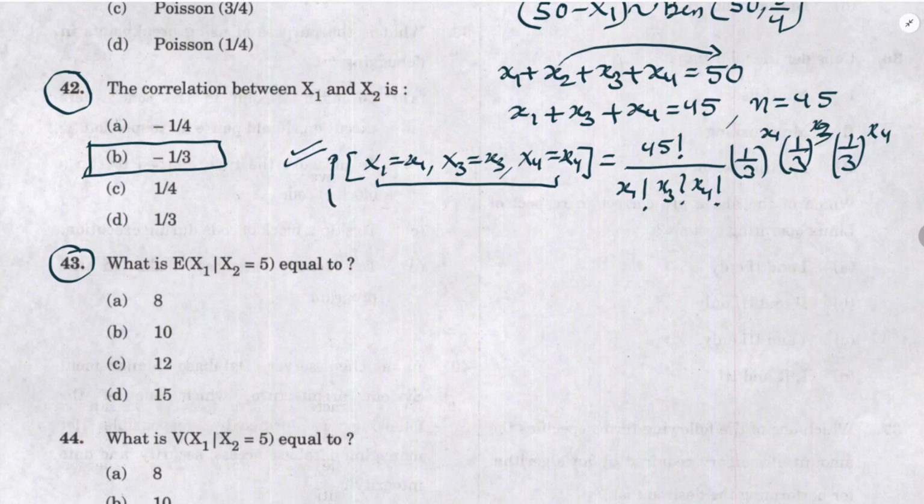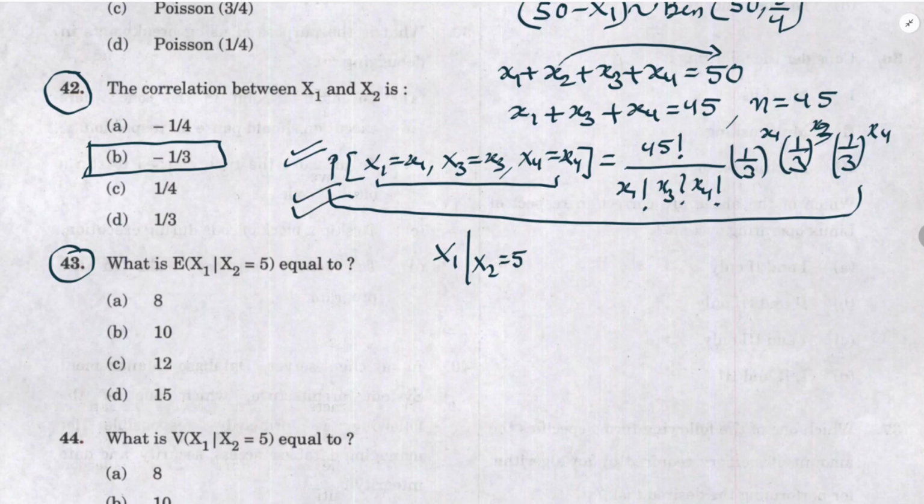Now if this is a new multinomial distribution, then what is the marginal distribution of x1? The marginal distribution of x1, with the condition of x2 equals 5, because this distribution is calculated when x2 equals 5 is already given, will be a binomial distribution with parameter n being 45 now, and probability p1 being 1 by 3 now, right?